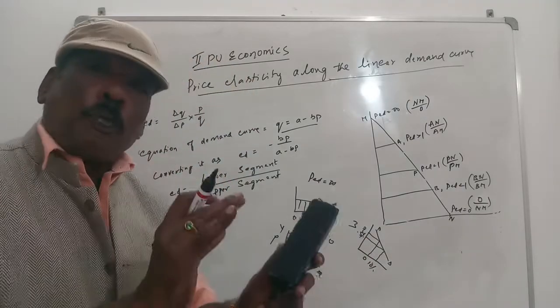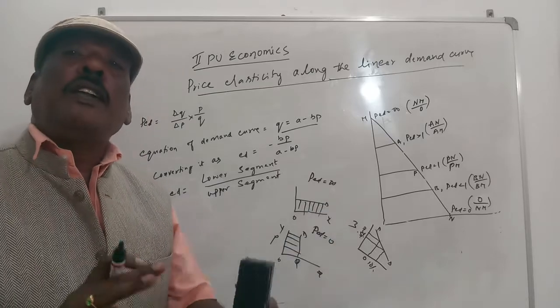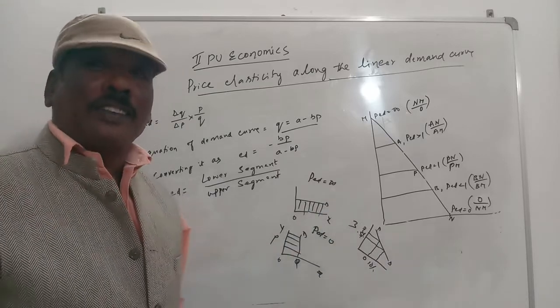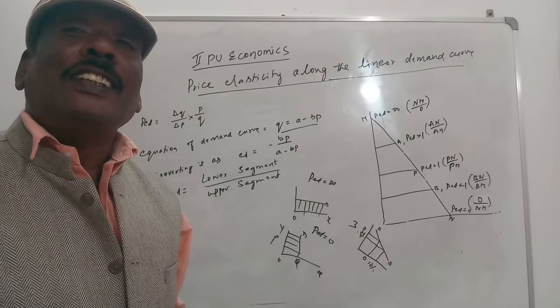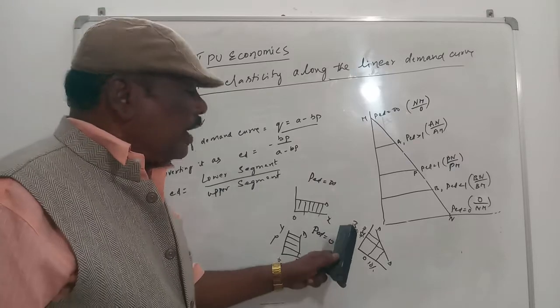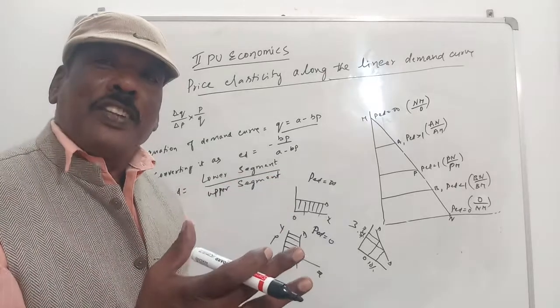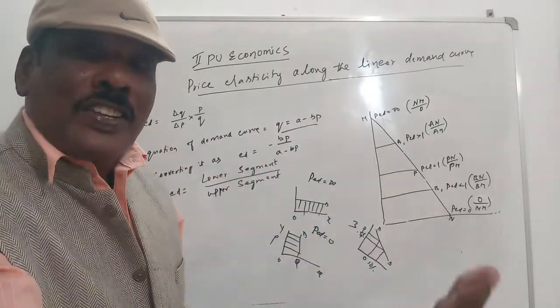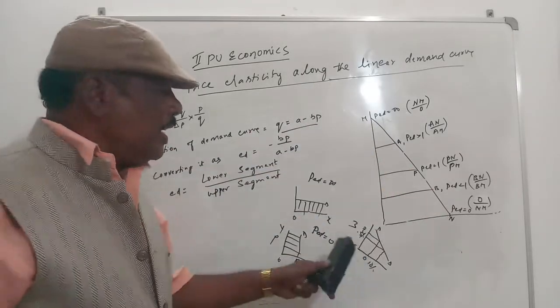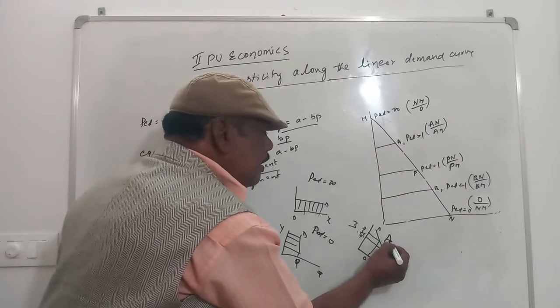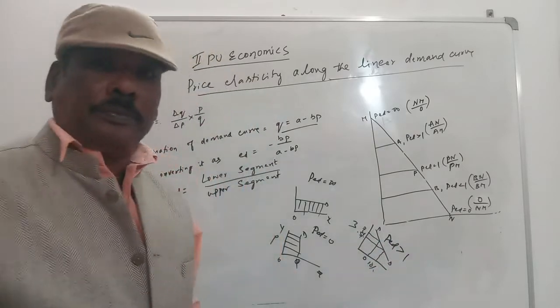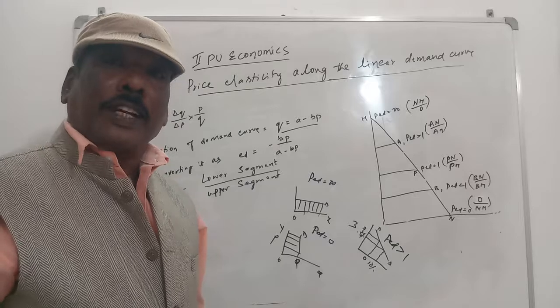That means a small change in price will lead to a larger change in demand. This is called relatively elastic demand. So we say here PED is greater than 1.